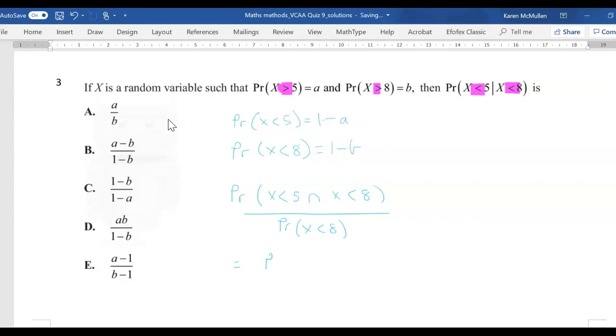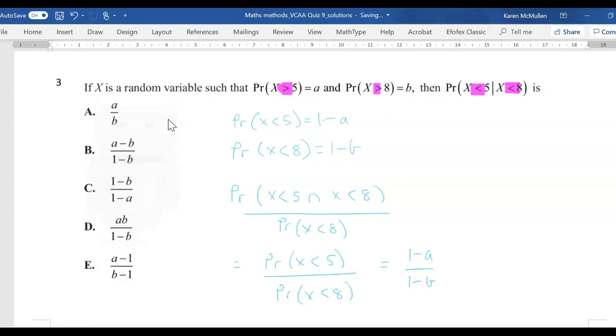So on the top, we're going to have the probability that X is less than 5. Now, in questions we've been doing, the first condition has always stayed on top. That's not always the case, so make sure you don't make that assumption. On the bottom, the probability that X is less than 8. So 1 minus A on the top and 1 minus B on the bottom.